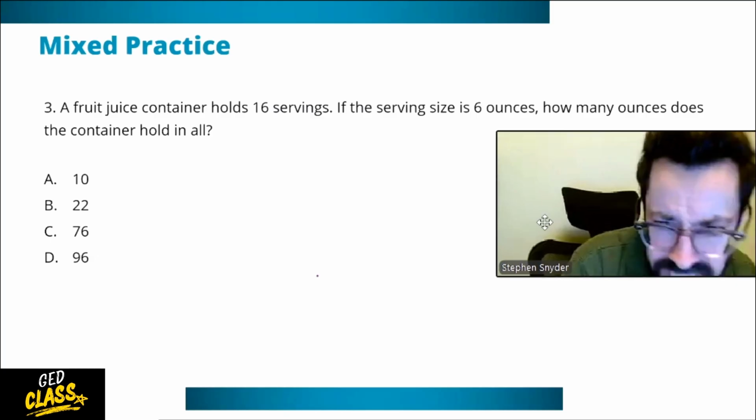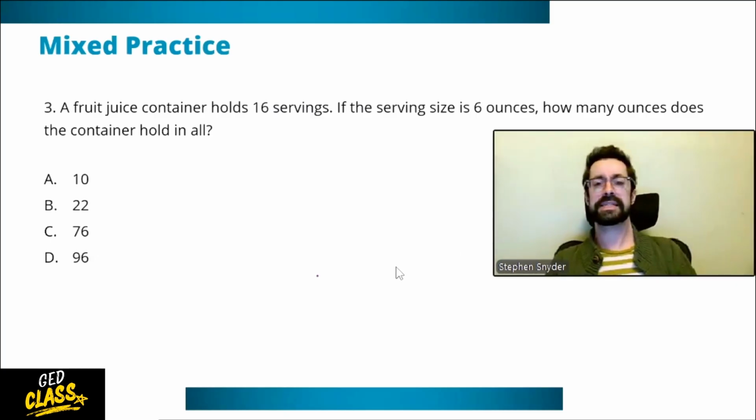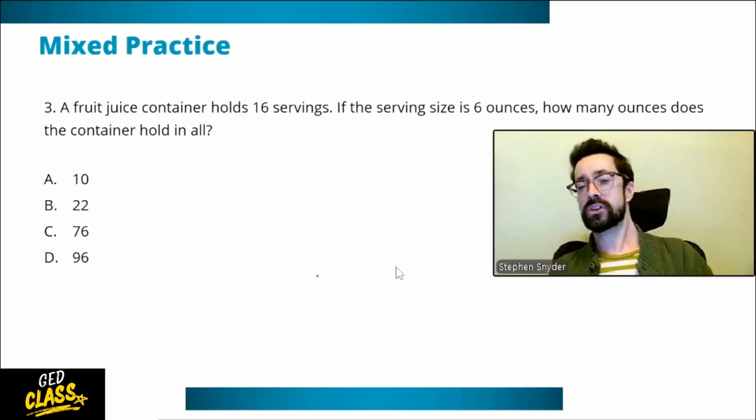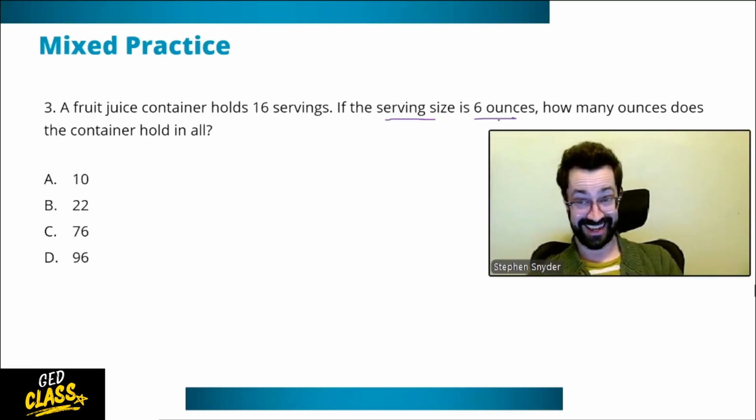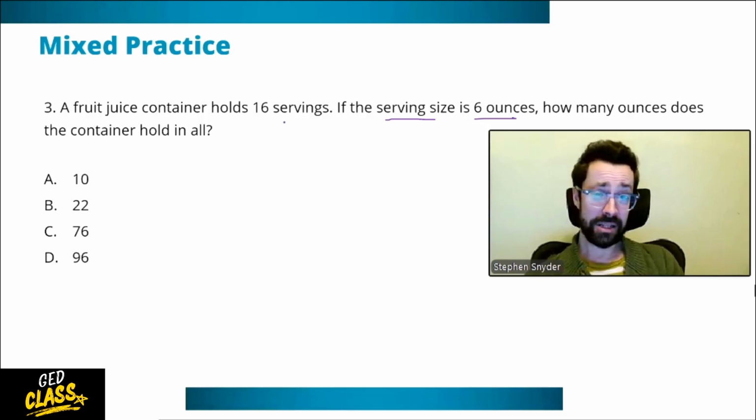A fruit juice container holds 16 servings. If the serving size is 6 ounces, another way you could think about it is 6 ounces per every serving. For every single one of these 16 servings, every single one of them is going to give us 6 ounces.